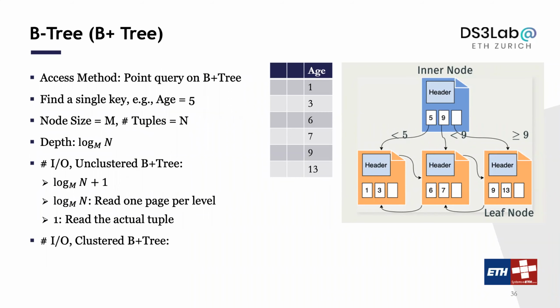And whenever you have a clustered B+ tree, you are going to essentially traverse the tree and find the right leaf node, and because you are storing the actual tuple in the leaf node, in the worst case you are going to have log_m n page reads to answer this query. You do not need to fetch the actual tuple anymore, because you already have that in the leaf node.